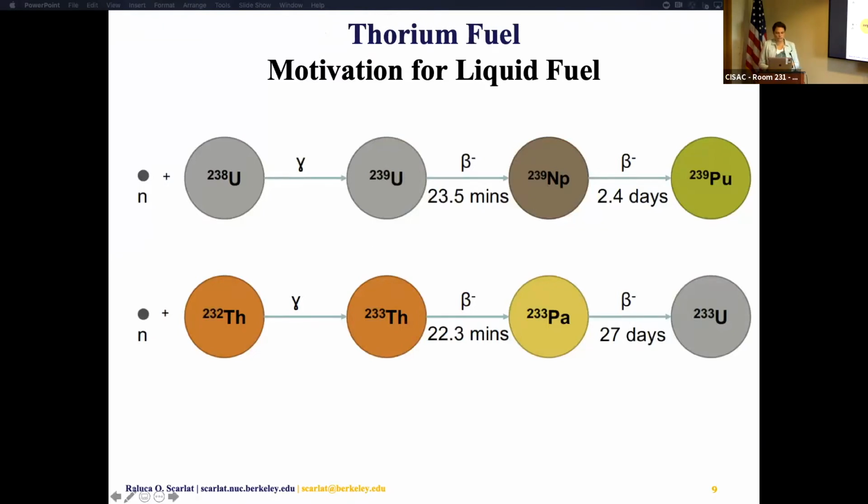Well, thorium is not a fissionable element, it's a fertile element. That means that it needs to be exposed to neutrons, to absorb neutrons, to breed uranium-233. And then uranium-233 is what we burn in a nuclear reactor. And so if we have to take our fuel through this cycle of neutron irradiation and then burning, it would be convenient to be able to move it around the reactor so that it gets the right amount of neutron dose.